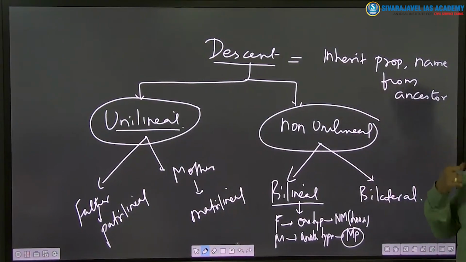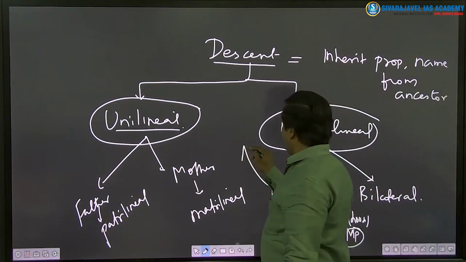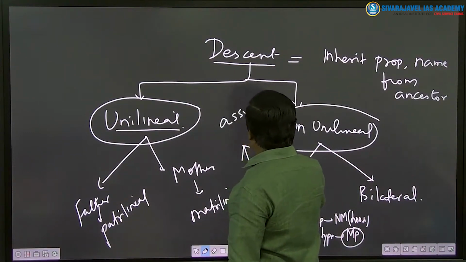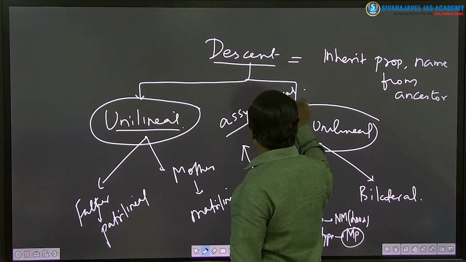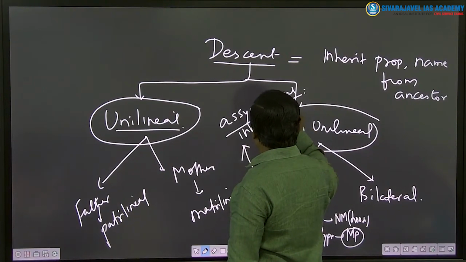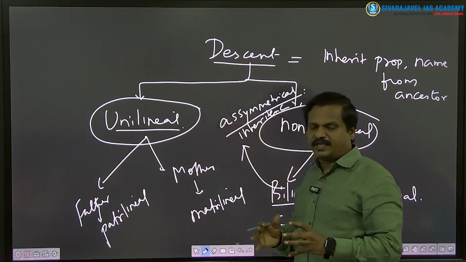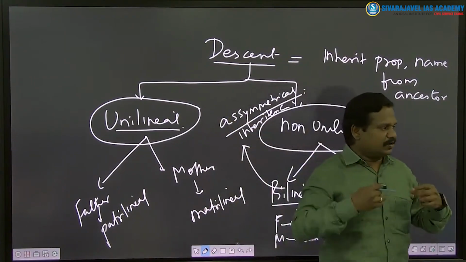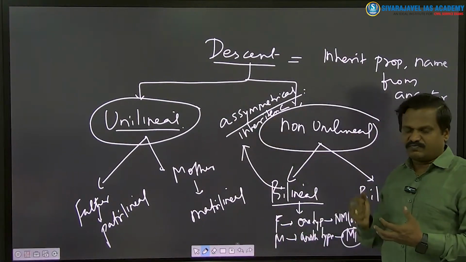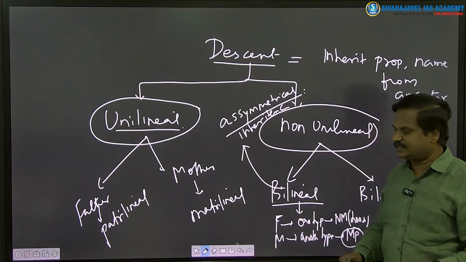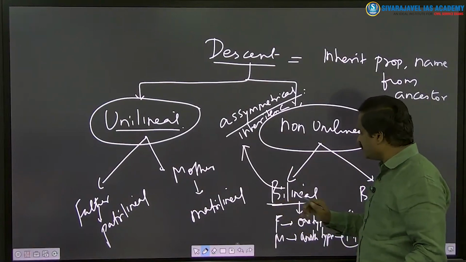So you are getting from both but not the same type of property. So this is called asymmetrical inheritance. From father's side you get one type of property like a house, from mother's side you get another type of property, gold jewelry. So from both you are getting, which is why it is called bi.